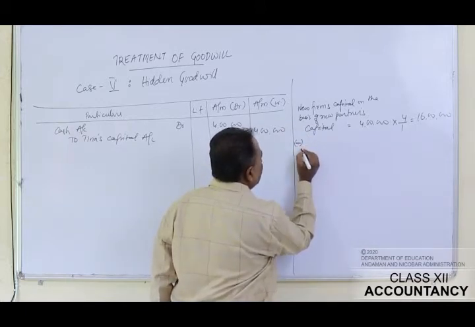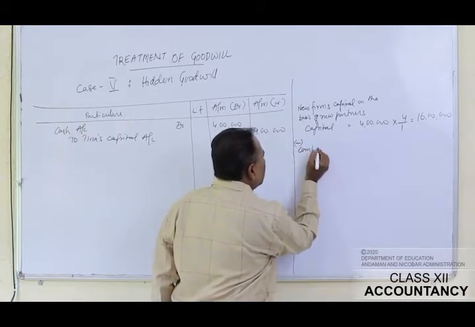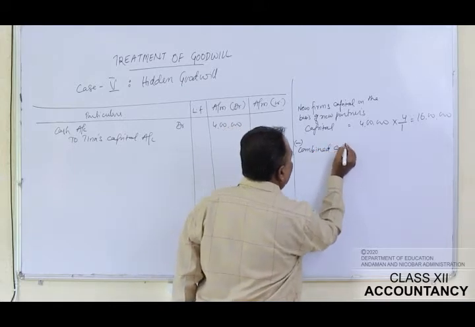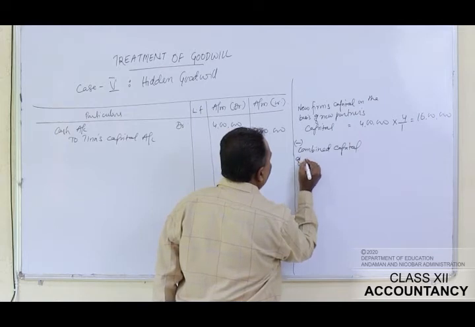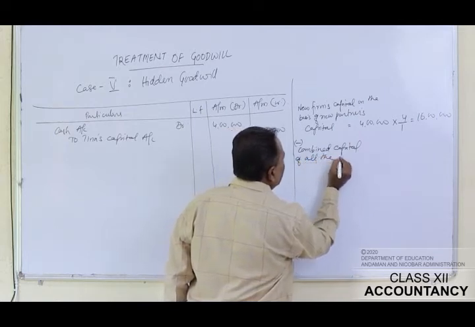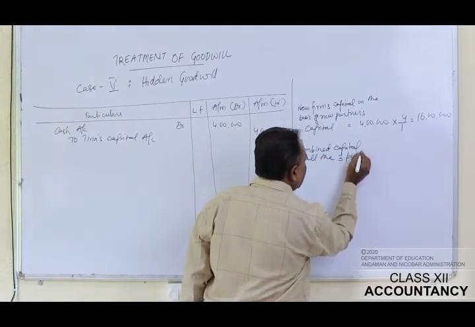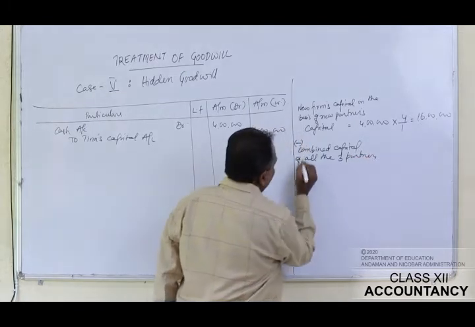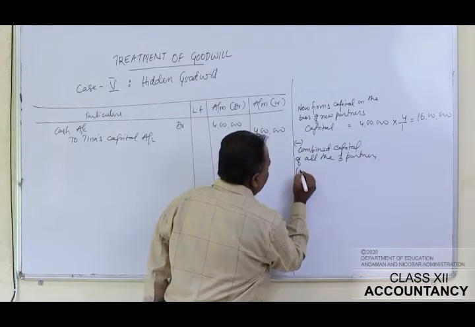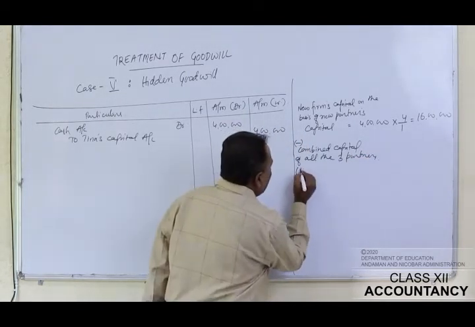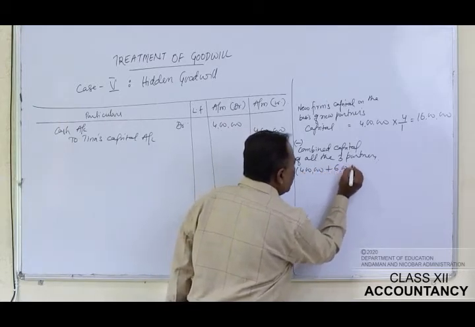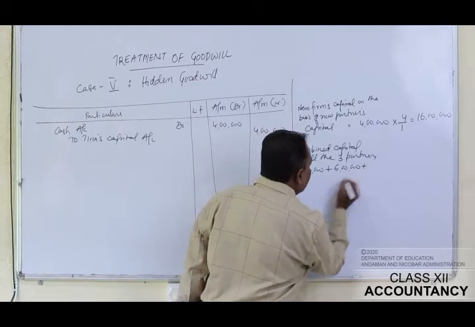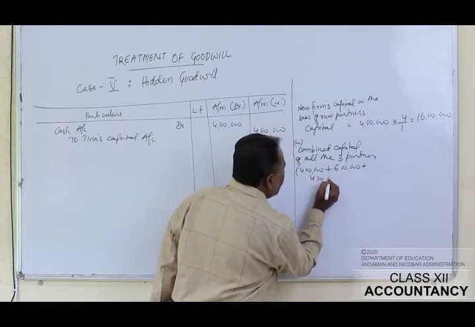Minus combined capital of all the 3 partners. First partner's capital was rupees 4 lakh, the second partner's capital was rupees 6 lakh, and the third partner's capital was rupees 4 lakh.